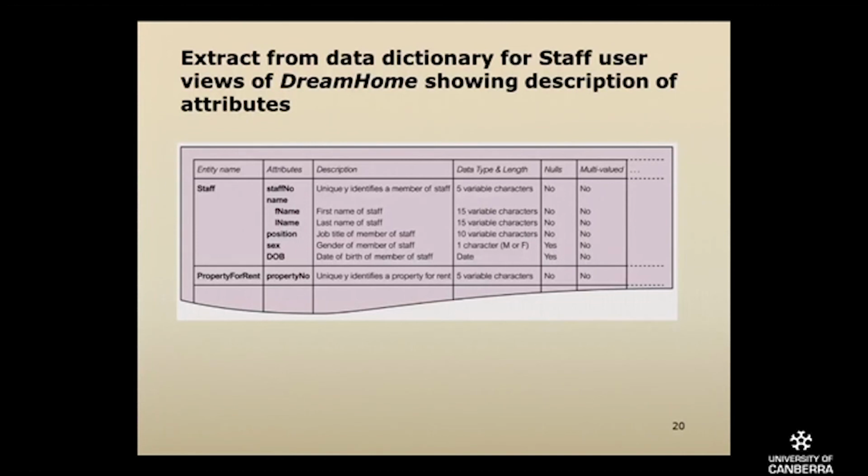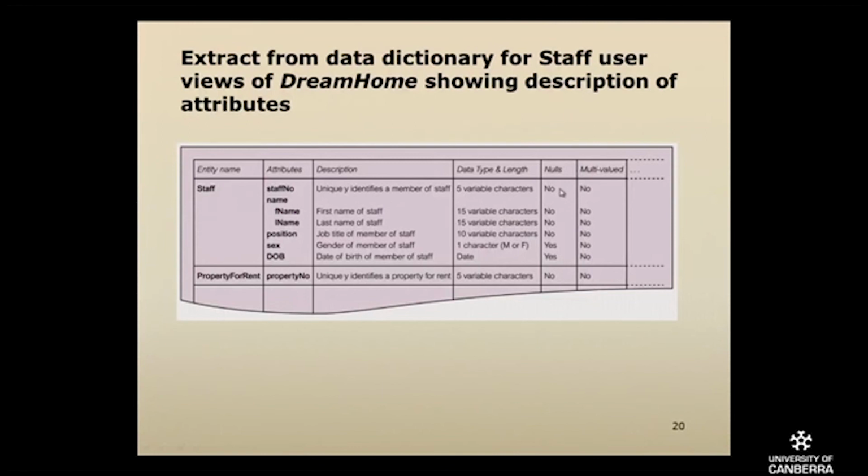In this case, 5 characters, letters and numbers, for the staff number, first name 15 characters, last name 15, position 10, sex 1 character, male or female, M or F, and date of birth is of type date. Can they be null?